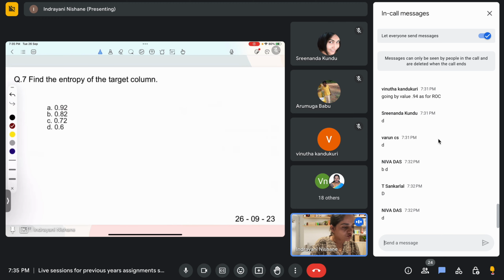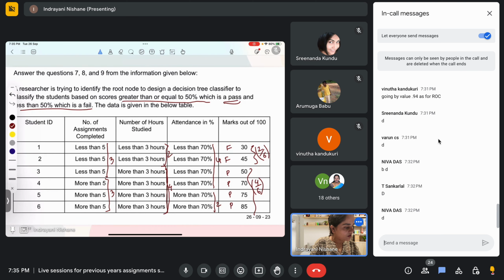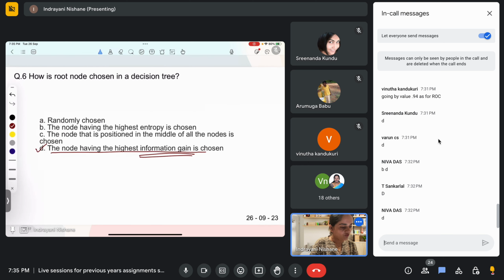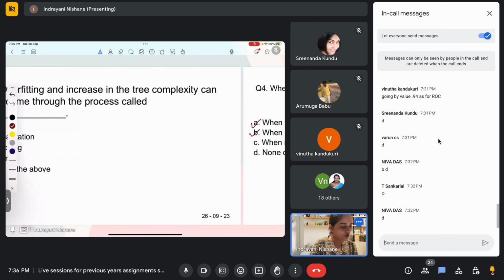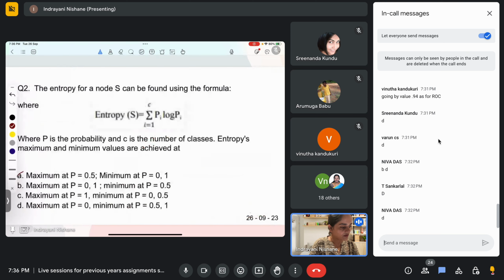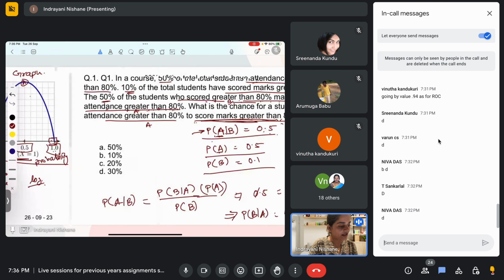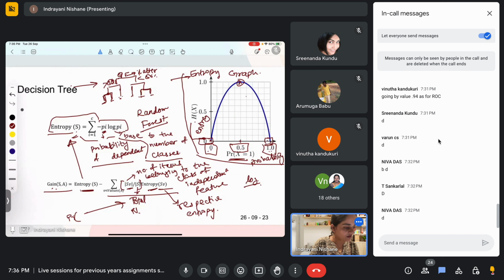Entropy of the target column. Our target column is this, because we have to predict pass or fail. So this seems to be our target column. Let us see the formula. Let's try to copy the formula. Here's the formula given: summation of pi log pi, but there is a minus sign missing from that formula.